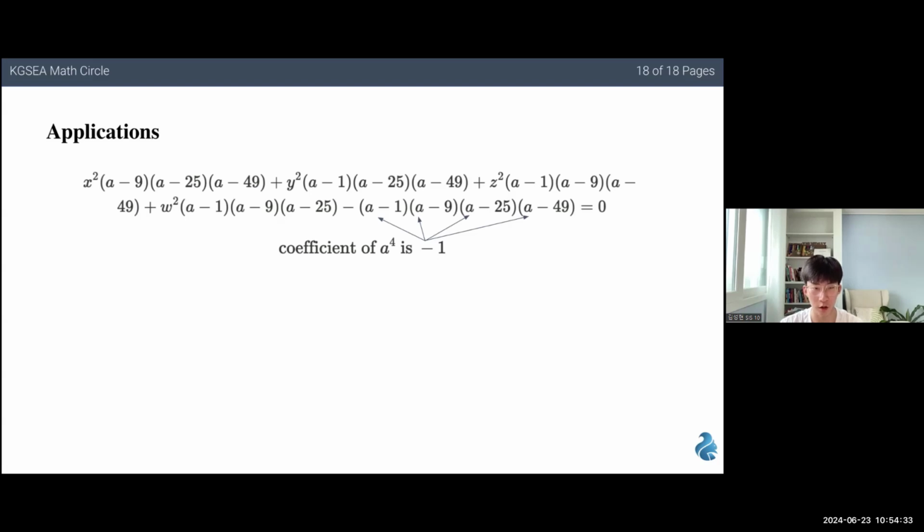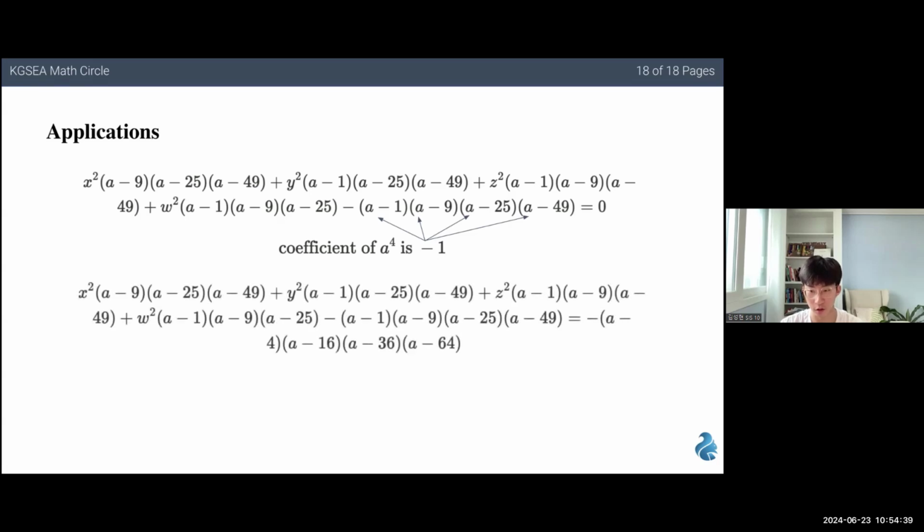And recalling that the roots of this polynomial are 4, 16, 36, and 64, as I mentioned, you can write that in factored form like this. And of course, since the coefficients on the a to the 4th terms must match, you multiply the right-hand side by negative 1. And now you can see that x squared, y squared, z squared, and w squared are just coefficients of the a cubed term.